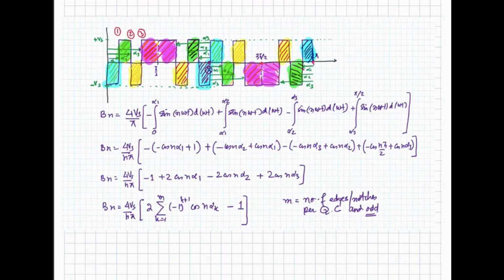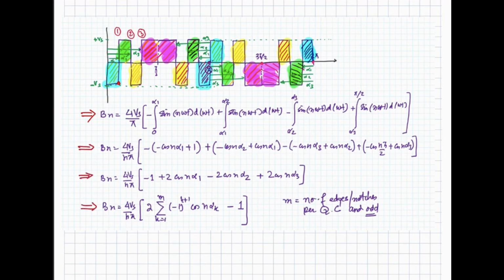So if we write down the expression for Bn for this particular case, Bn will be given by this one: from 0 to alpha 1 it is negative, and then from alpha 1 to alpha 2 it is positive, and then from alpha 2 to alpha 3 it is negative, and then from alpha 3 to pi by 2 it is positive. If we simplify, we are going to get these equations.